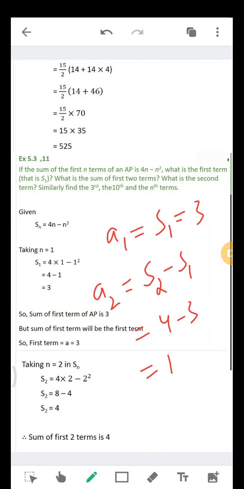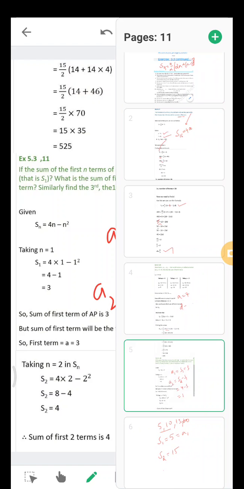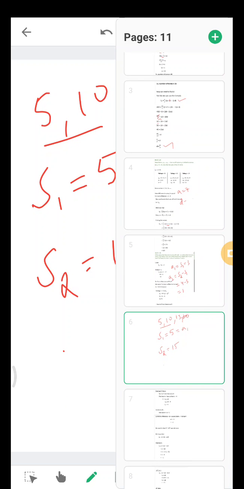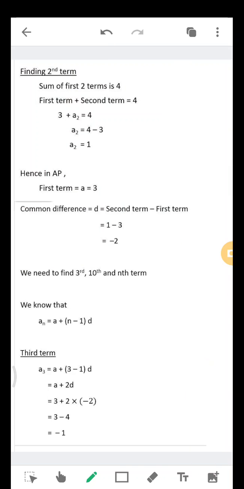You can use this method to find the terms, or you can go with the other method. The sum of first two terms is 4, just now we got 4. The first term plus second term is 4. First term we already know, that is 3. So a2 will be equal to 4 minus 3, that is 1. You can use either way.